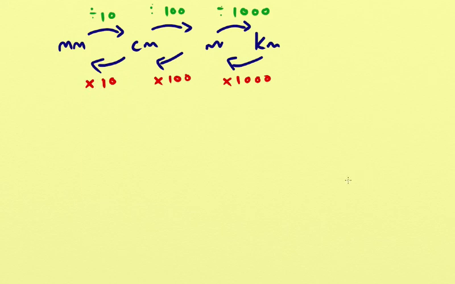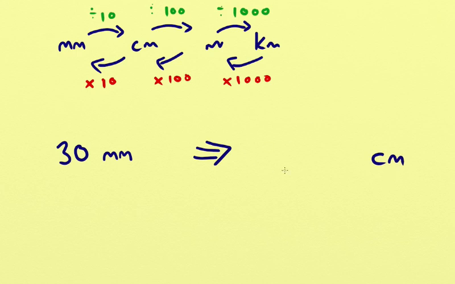So how we use it is like this. Let's say we had 30 millimetres and we want to convert it into centimetres. How many centimetres are actually making up this 30 millimetres? What we do is look at what we've got to start with.